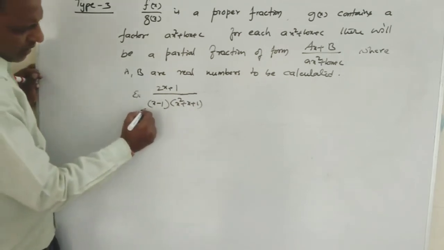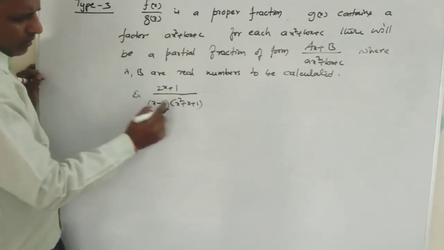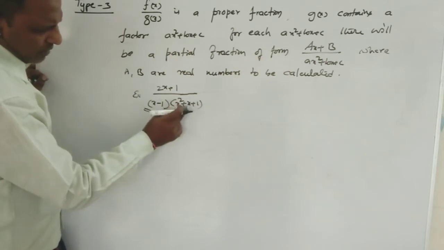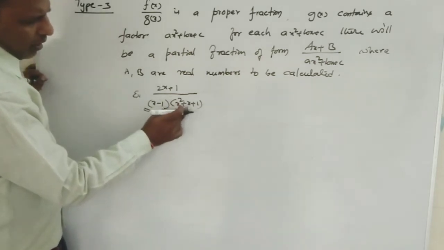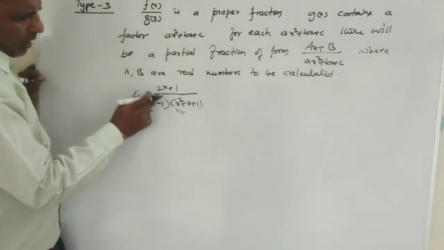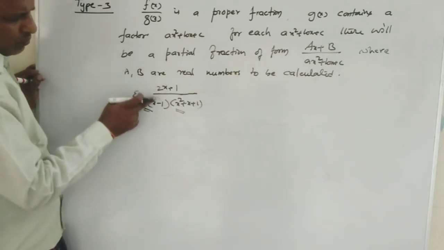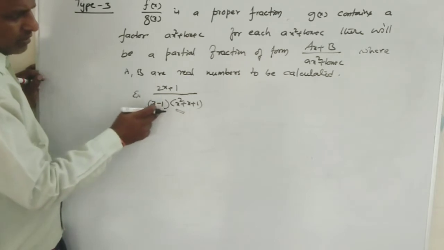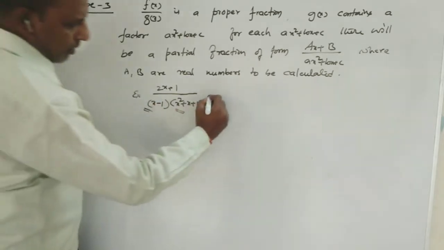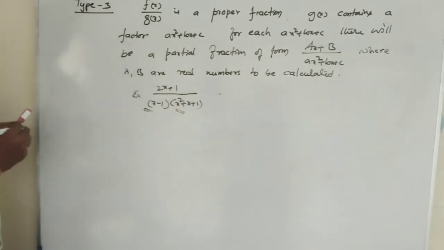It contains x minus 1 of degree 1, and x square plus x plus 1 is an irreducible polynomial of degree 2. The numerator is of degree 1. F of x degree is 1, g of x degree is 3. It's a proper fraction, isn't it?